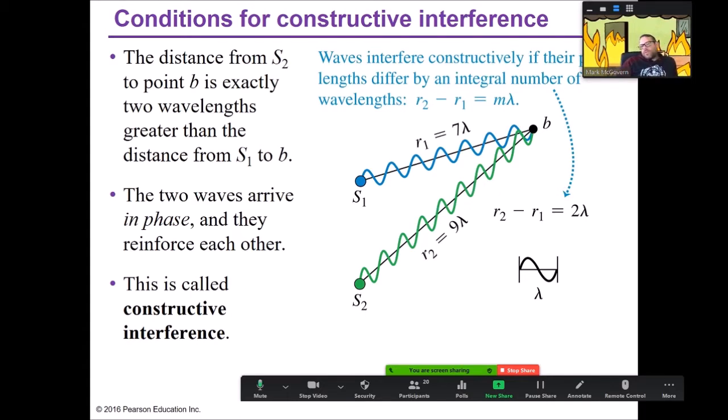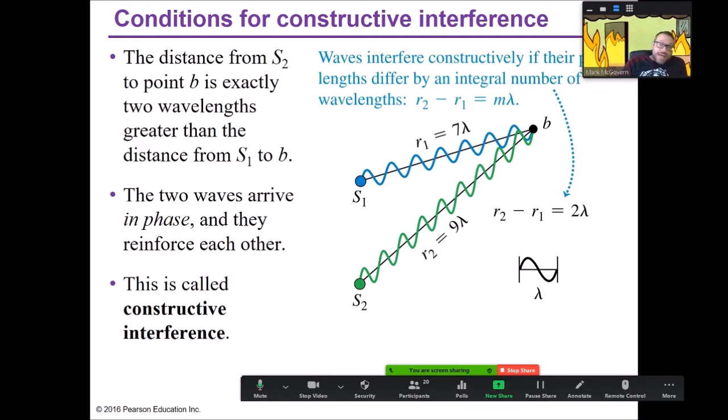So we're looking at those two paths. If it just so happens that there are 7 wavelengths from S1 to point B, there is some other multiple of wavelengths going from S2 to B, because again the crests coincide. If it happens to be 9 lambda, the path length difference is 2 lambda.